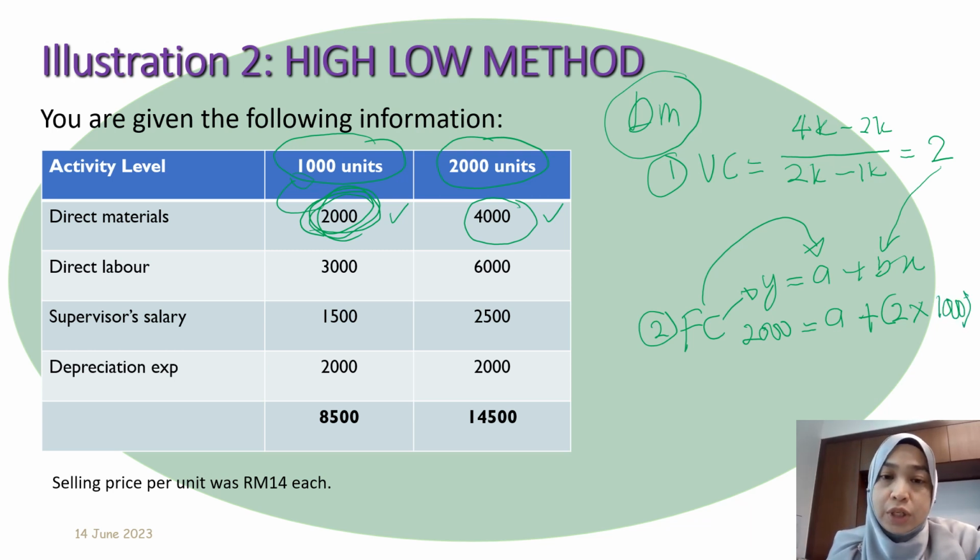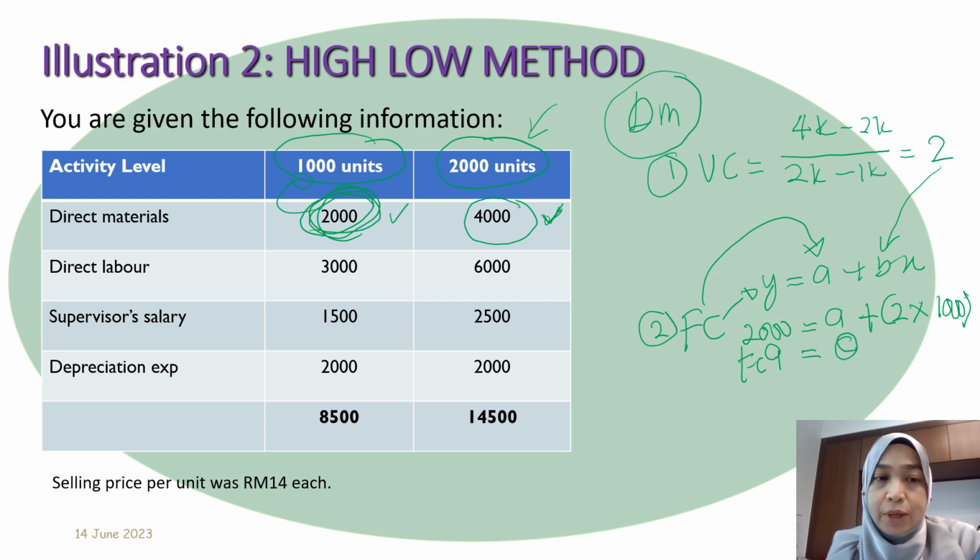If just now you considered y equivalent to 4,000 ringgit, your x must be equivalent to 2,000 units. So when you solve this equation, actually you will get the value for a, which is your fixed cost. Okay, in this case, direct material, when you solve this equation, fixed cost is 0.